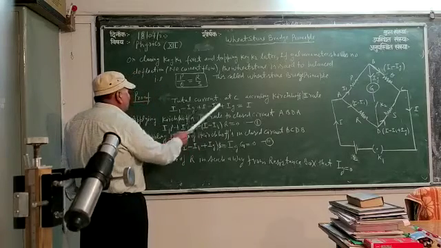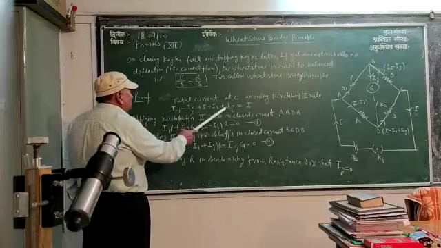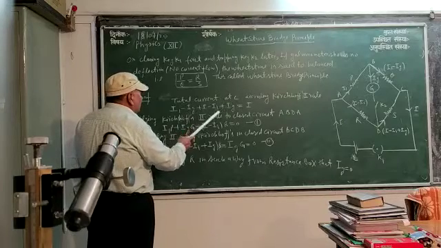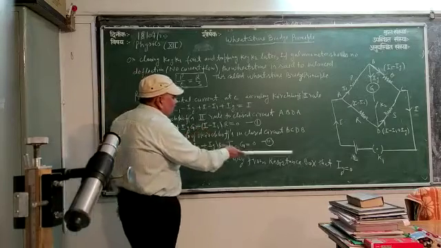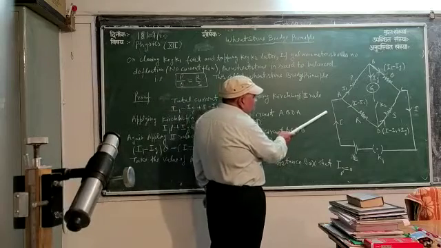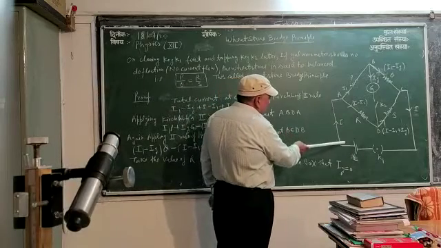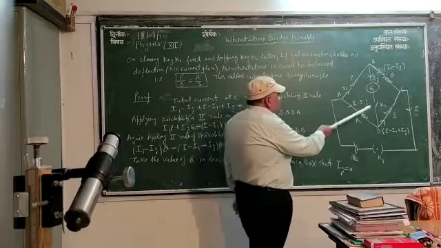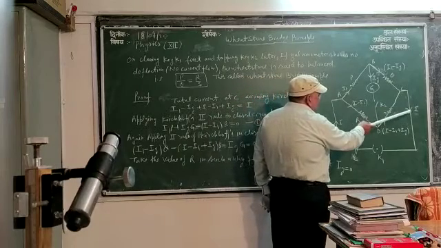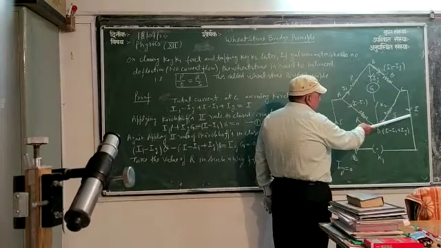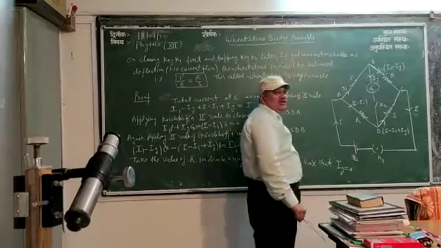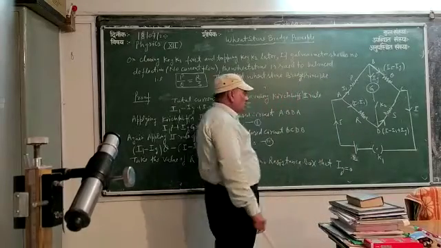Here I1 cancels with I1, IG cancels with IG, and we get total current I. How much current is entering? Current I is entering at point A. The same amount of current is coming out at point C. So this verifies Kirchhoff's first rule.